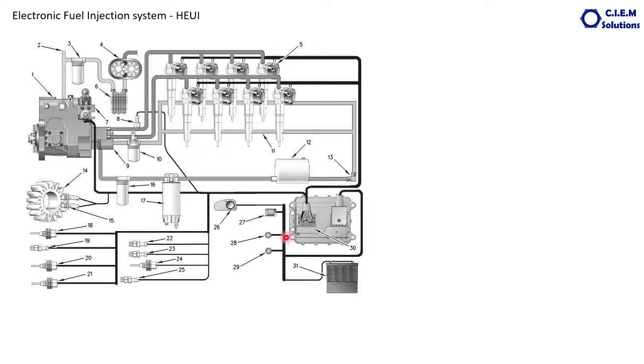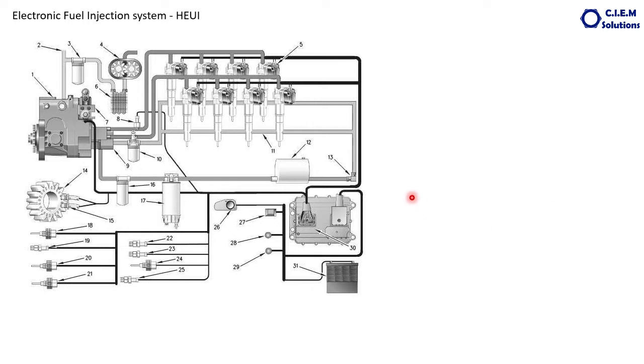It is precisely called the hydraulically actuated electronic unit injection system. It can also be termed the common rail diesel injection system. How does this system work, which are the main components, and how do they work?